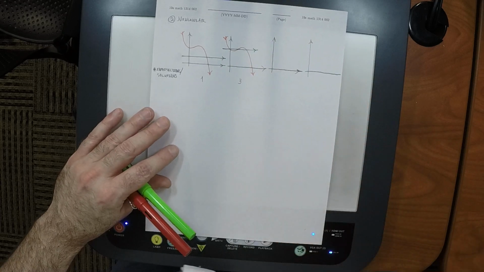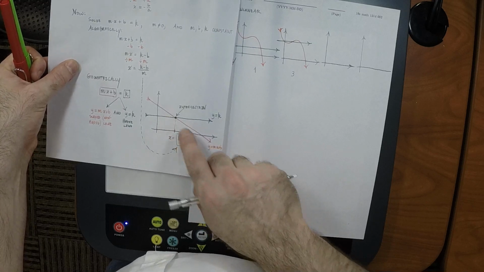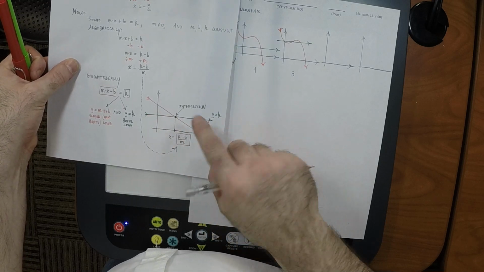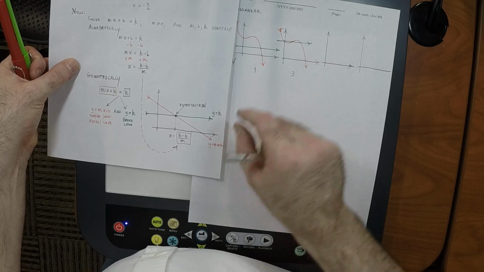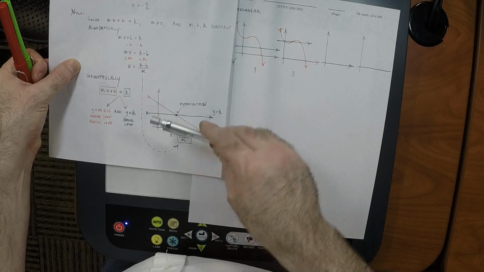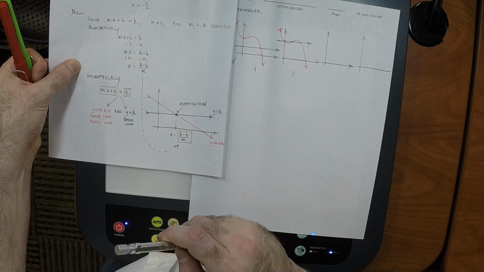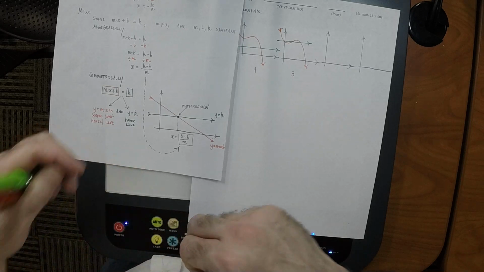So concerning this picture right here, can you ever achieve 3 intersections for this one if you can put the green anywhere? No, there's only ever going to be exactly 1, assuming that the red can't be horizontal. If the red could be horizontal, you could have infinitely many, because the red and the green line could be the same. So that one has 3.